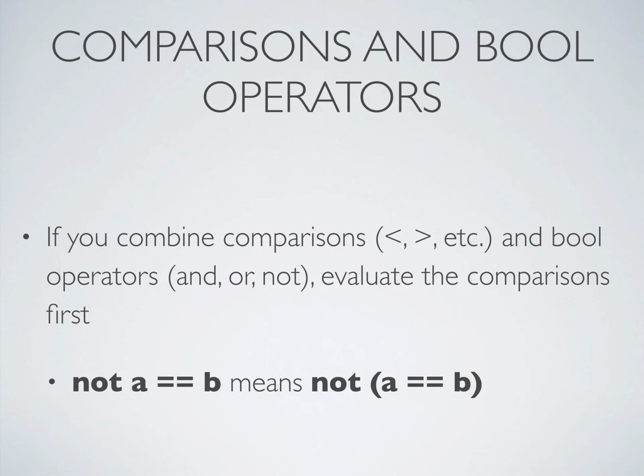Alright, so this is kind of order of operations with Boolean stuff. You do the comparisons first. So if you had code that said not A equals B, that means you first check and see if A and B are equal to each other first, and then you apply not to the whole thing. So again, do the comparisons first.